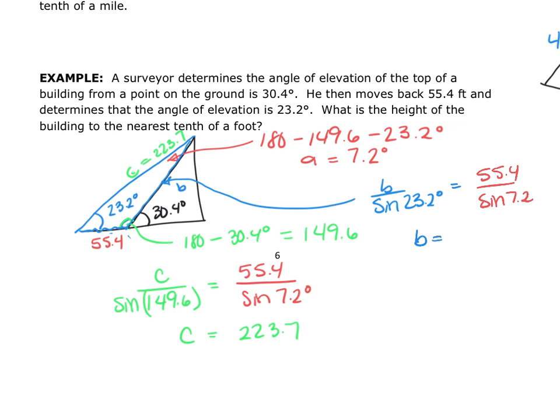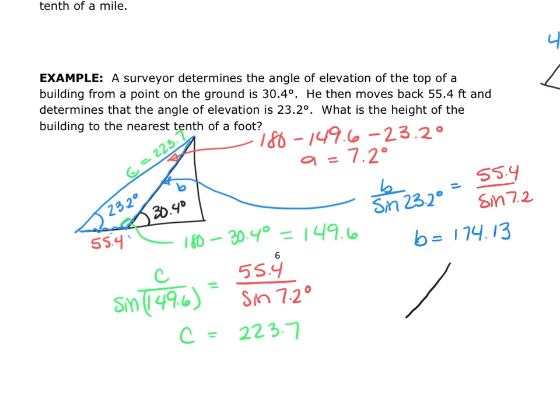So I have B is equal to 55.4 multiplied by the sine of 23.2 divided by the sine of 7.2. That gives me 174.13.